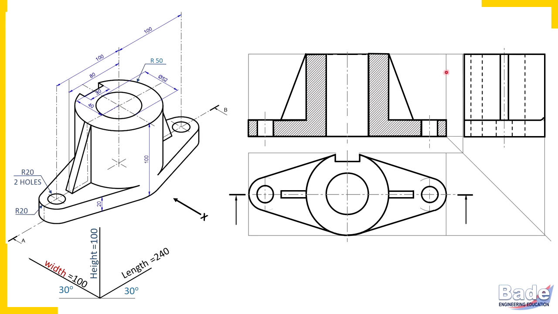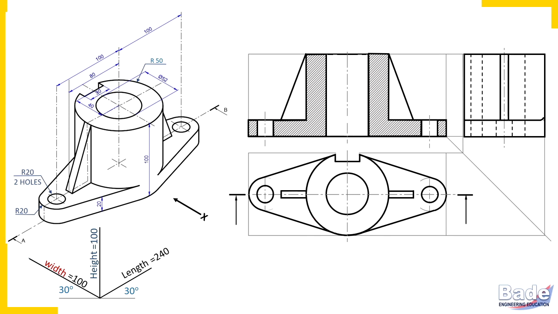Cutting plane line. When you want to draw a sectional view, the cutting plane line appears in one of the other two views. So here we have drawn the sectional front view. The corresponding cutting line is in the top view. We must not draw the cutting line in the side view. As I told you, we should draw the cutting line in the view in which fewer hidden details are present.